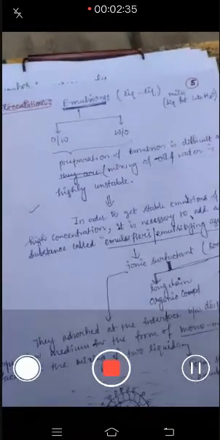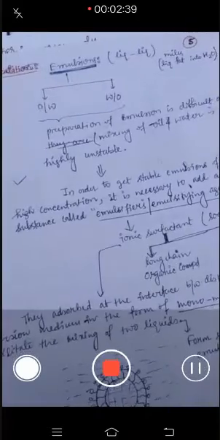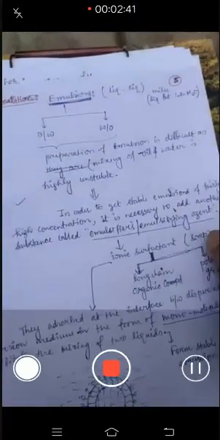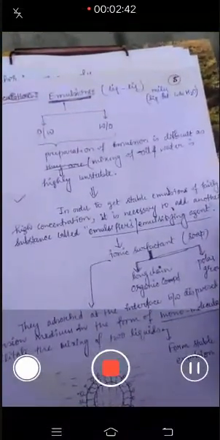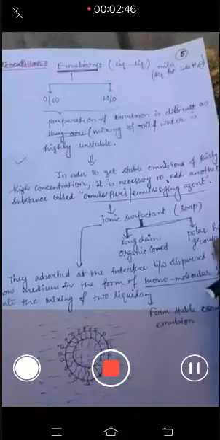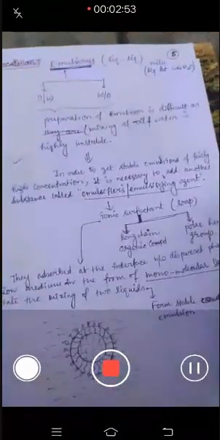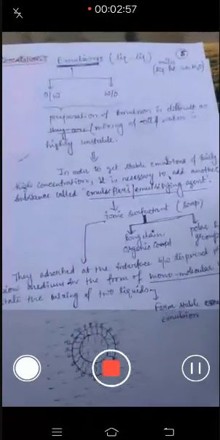Since water as well as oil are not miscible with each other, that means they are not soluble in each other, preparation of emulsion is somehow difficult. The mixing of water and oil is difficult. For that, we have to add an extra third substance, which is called an emulsifier or emulsifying agent.